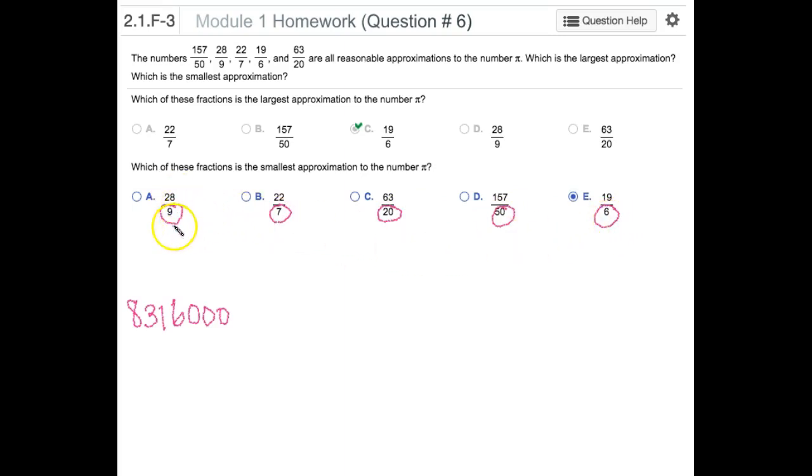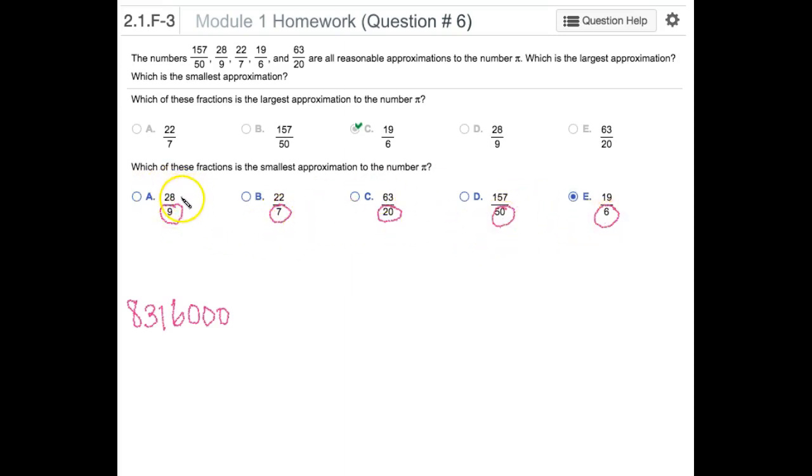And in order to keep this fraction the same as what it started out as, 28 over 9, we have to multiply the numerator by those same numbers. So I'm not going to multiply it by the 9 because we didn't multiply. You got to think about, okay, what did we multiply the denominator by? What did we multiply 9 by? Well, we only multiplied it by 7, 20, 50, and 6.